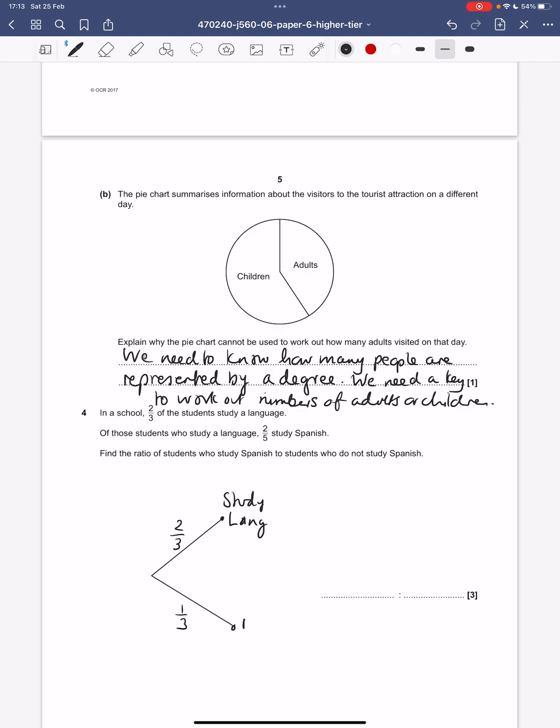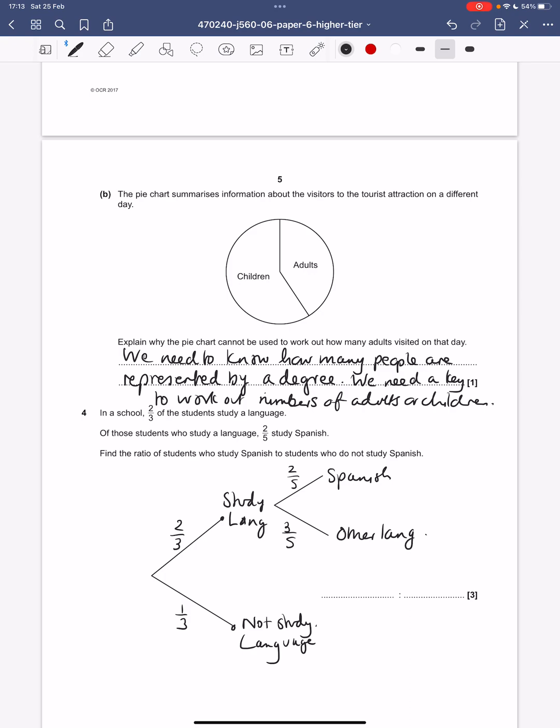So 1/3 are not studying a language. And of the students who study the language, 2/5 study Spanish. So that means that 3/5 of the language students don't.